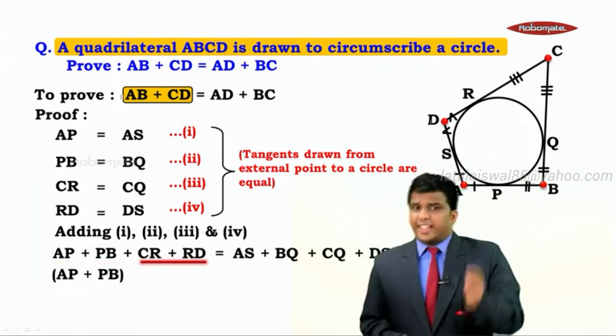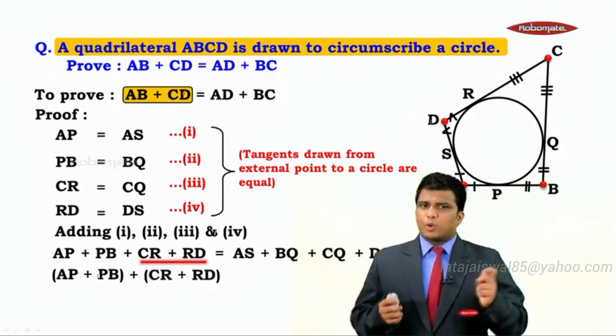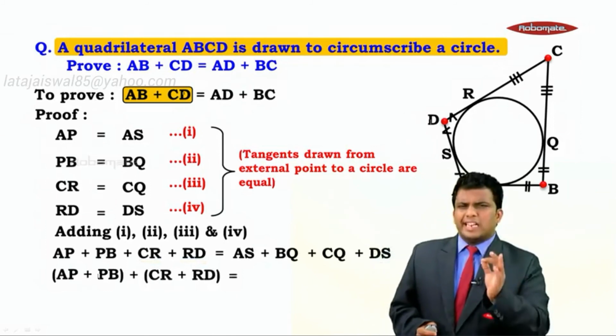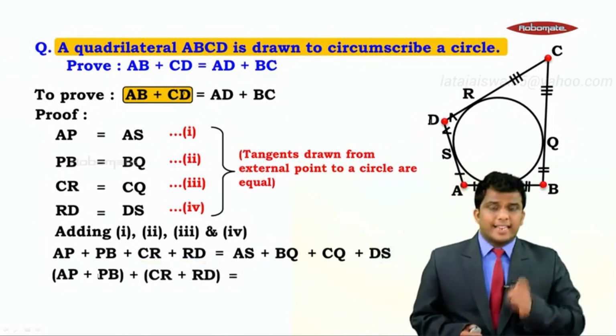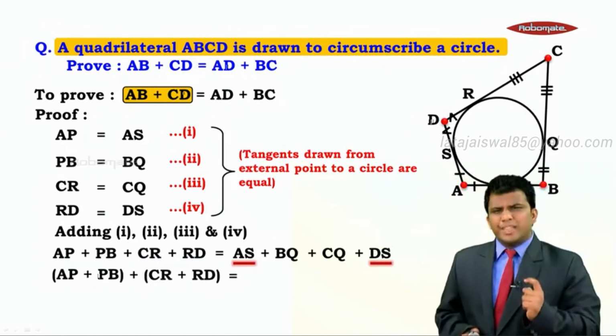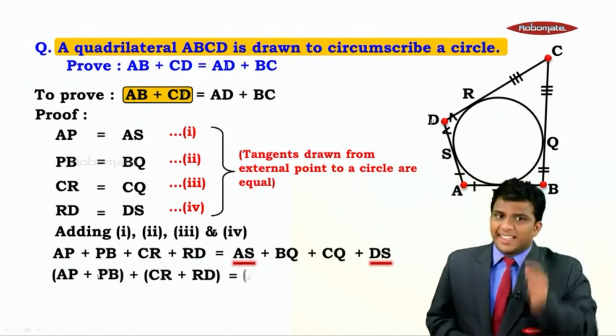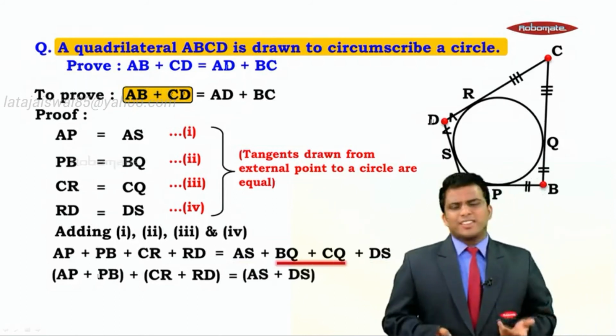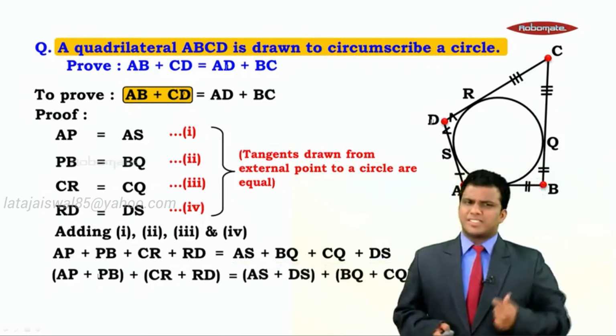In the same way, CR and RD are collinear segments. We put them together. The right hand side requires a little detailed listening and understanding. Look at AS. AS will be collinear with which segment? DS. So let's bring them together: AS plus DS. So by default, the second pair has to be BQ plus CQ.